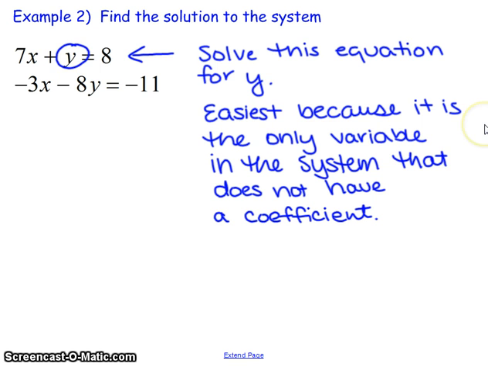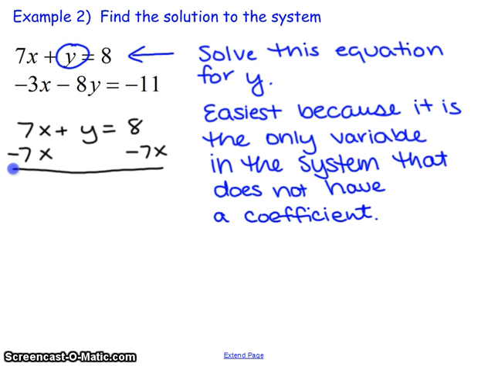We would want to choose this equation for y because y is the only variable in the system that does not have a coefficient. So when I take 7x plus y equals 8 and solve it for y, all I have to do is subtract 7x. You want to do this so that you only have to do one step to get the y by itself. So what I have here is that y equals 8 minus 7x. So that's our first step done.